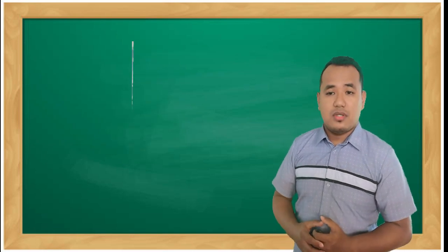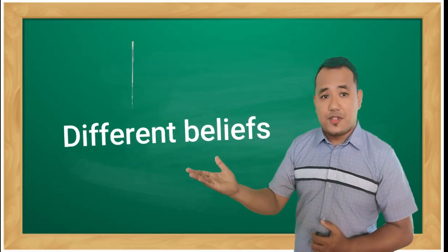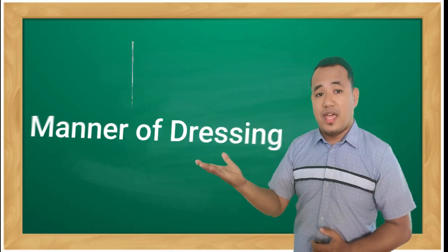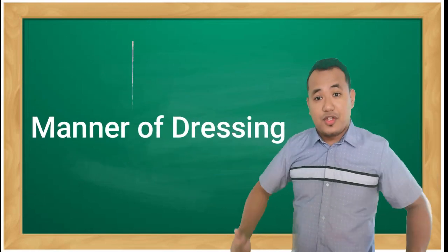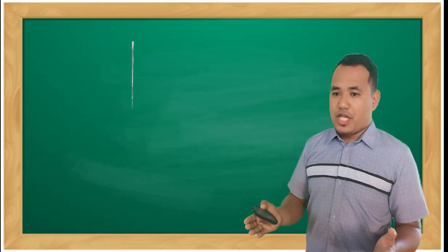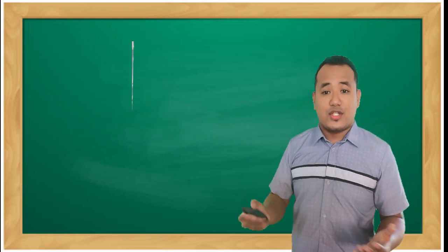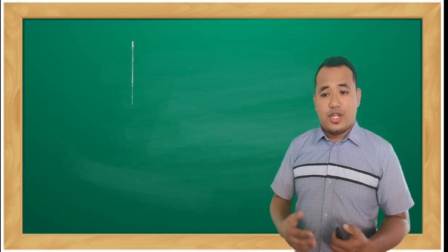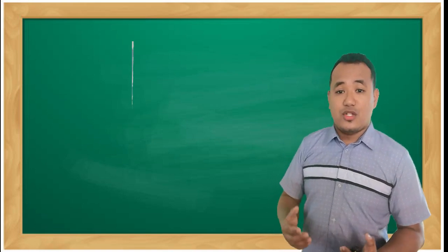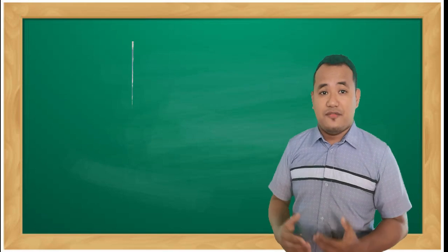Examples are different beliefs, our traditions and customs, and our manner of dressing. Overcoming this type of communication barrier will need an intensive information drive regarding cultural differences and acceptance of our individual differences.